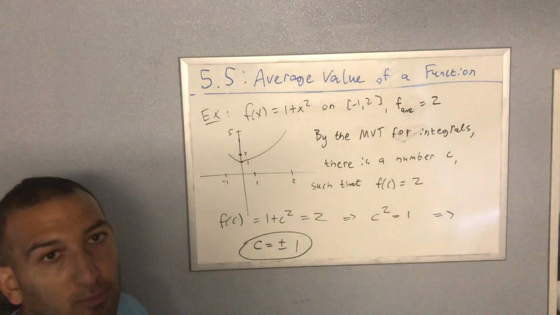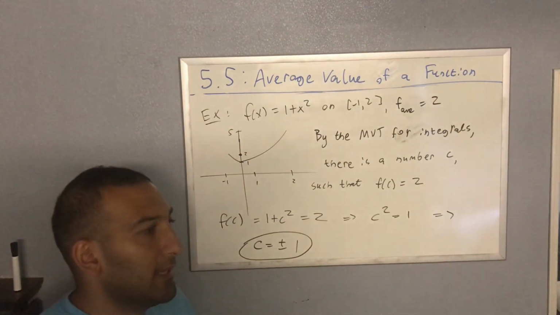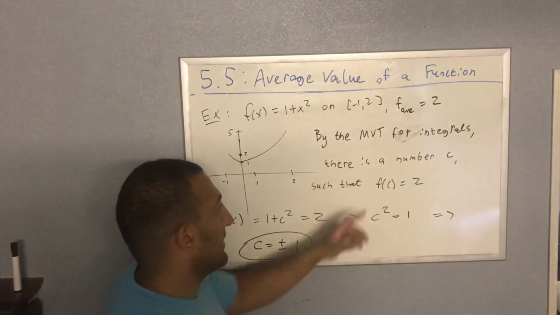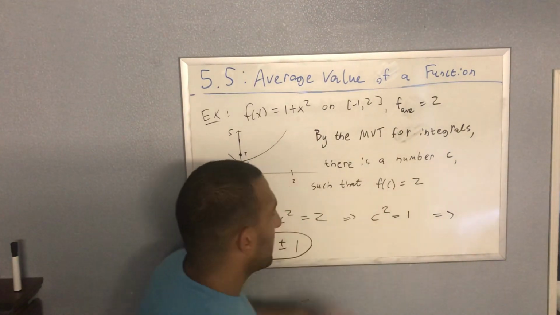It also has that cool property that it says the area under the curve is just f average times the length of the interval.